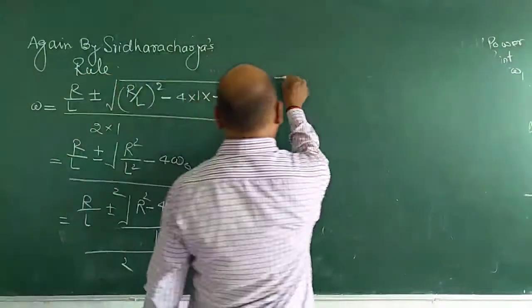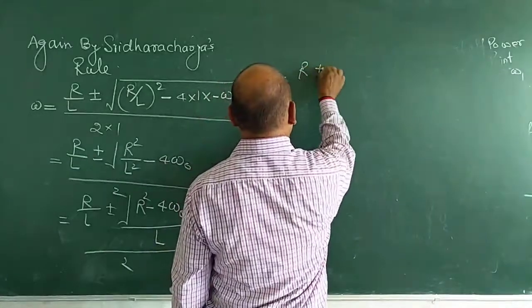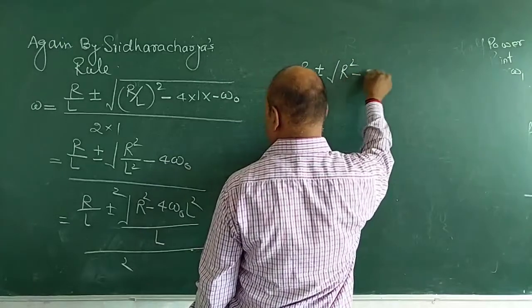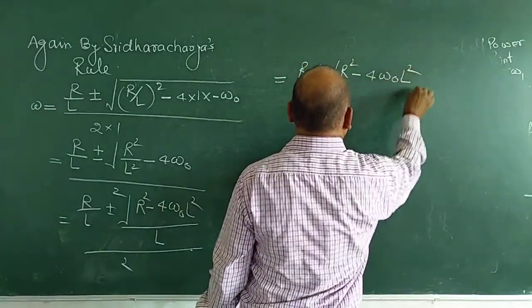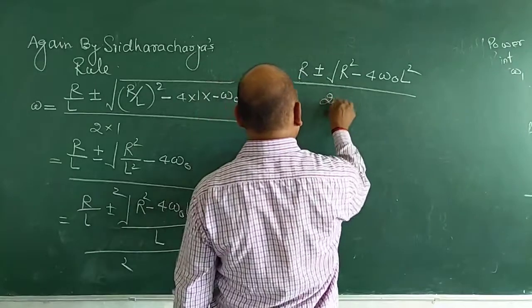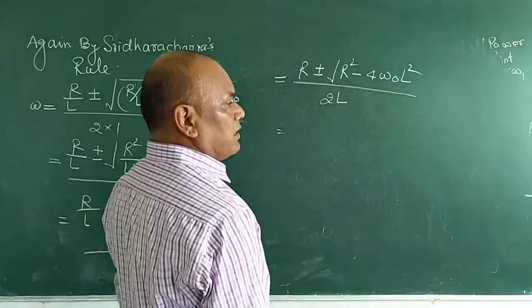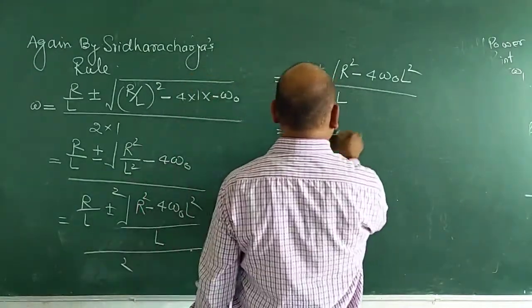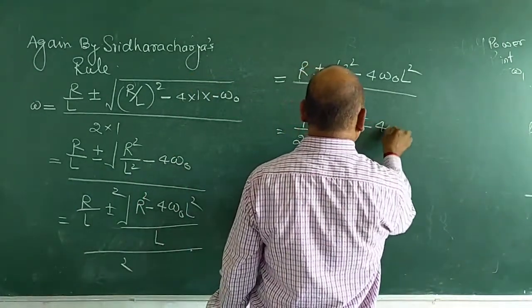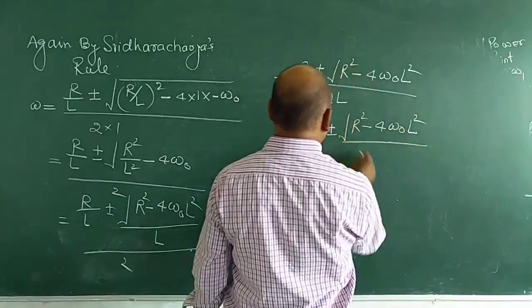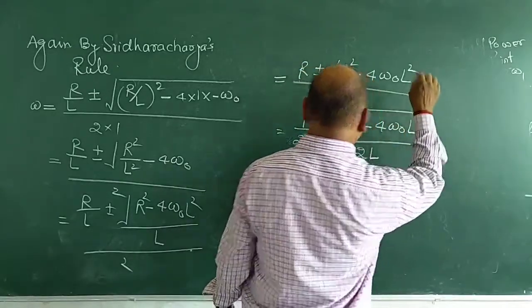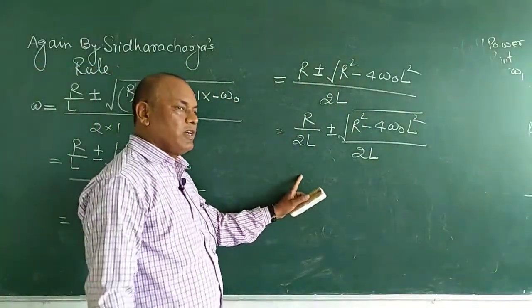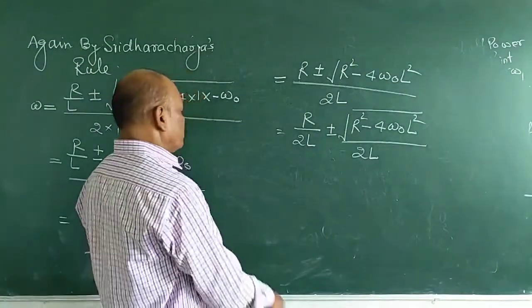So finally this comes R plus minus under root R square minus 4 omega 0 square L square upon 2L, written as R upon 2L plus minus under root R square minus 4 omega 0 square L square upon 2L. Since omega is a positive quantity, we have to take its positive roots.